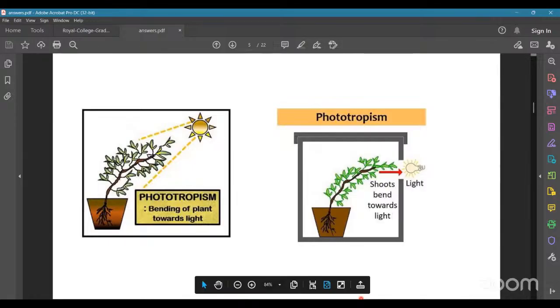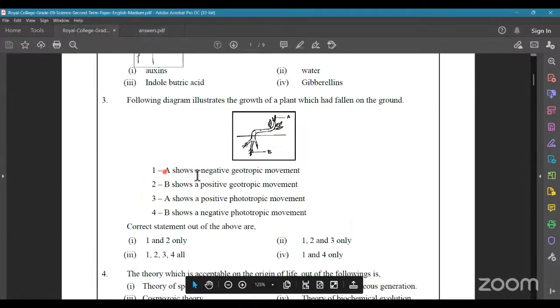So now let's go back to the question again. A shows a negative geotrophic movement. That is correct. And also B shows a positive geotrophic movement. That is also correct. B is growing towards gravity. And also A shows a positive phototrophic movement. That means it is growing towards light.